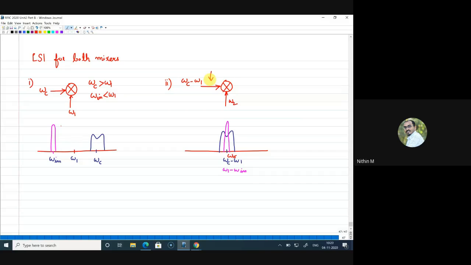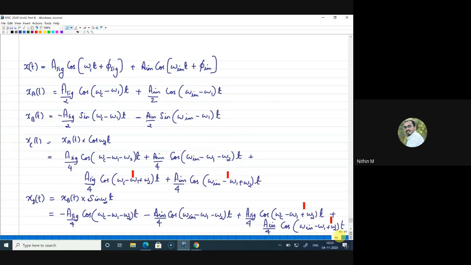Now again for the second mixer, it is low side injection. Since it is low side injection, I have to mark the second frequency towards the left side, which is omega 2. Omega 2 is on the left side of the signal. Now, why I started this discussion is to identify, from this xc of t and xd of t, which are the high frequency components that will be eliminated by the low pass filter.